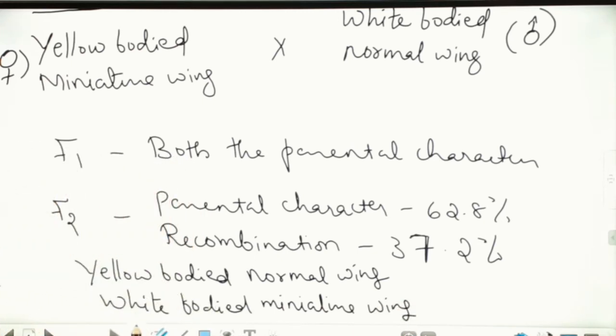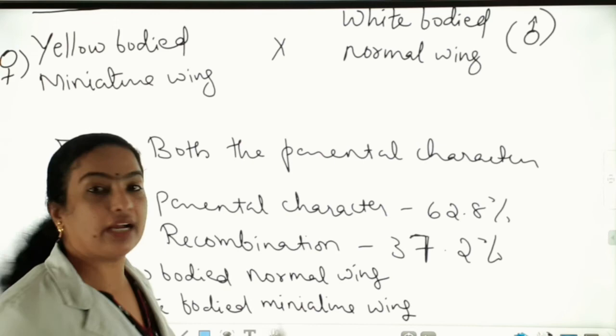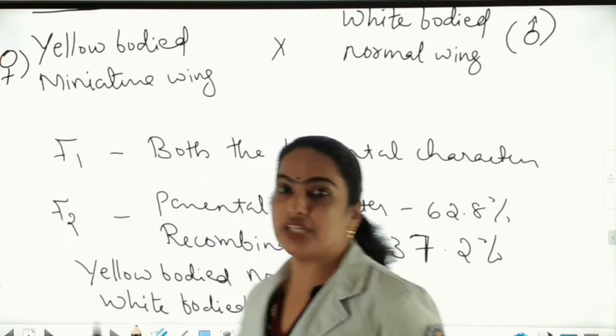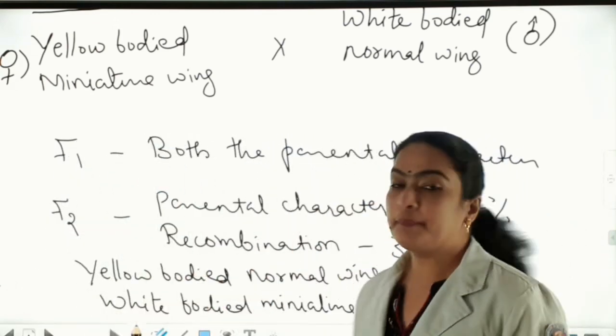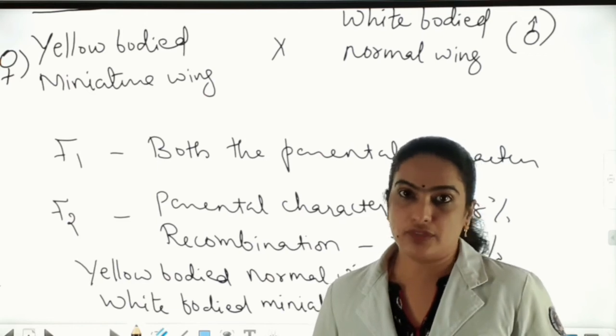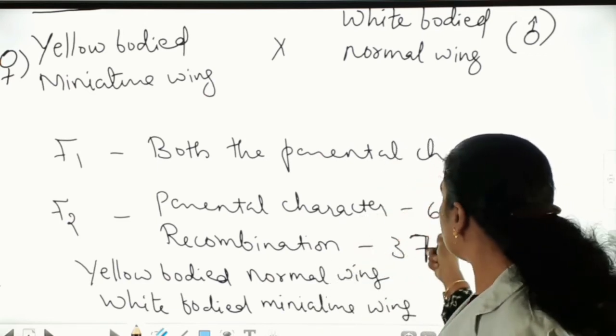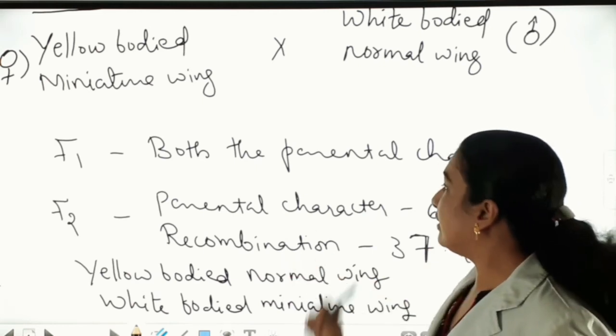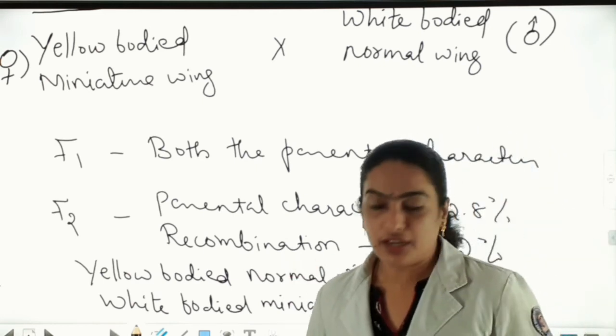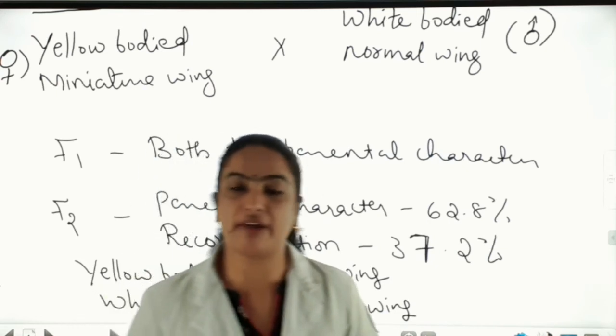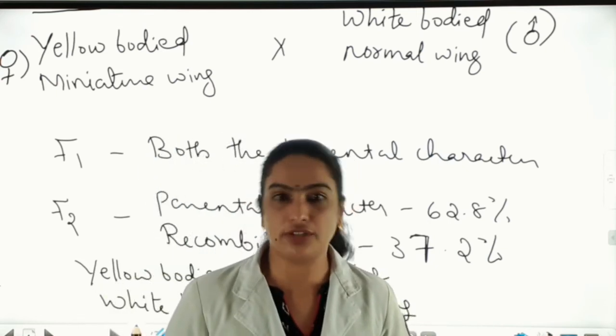So, this is the observation done by Morgan after conducting the dihybrid cross experiment in Drosophila. So, what was his conclusion? You can see the parental characters are more than the recombinant characters. Am I right? So, this is the conclusion of Morgan after conducting the experiment in Drosophila.